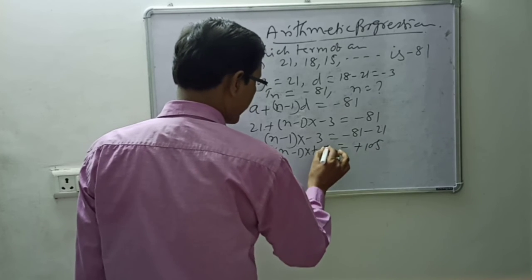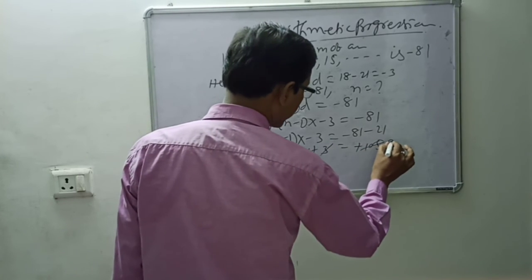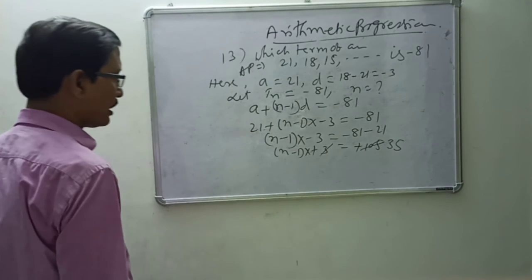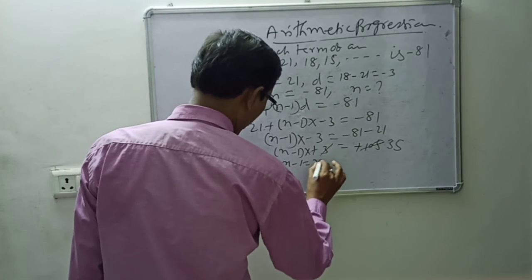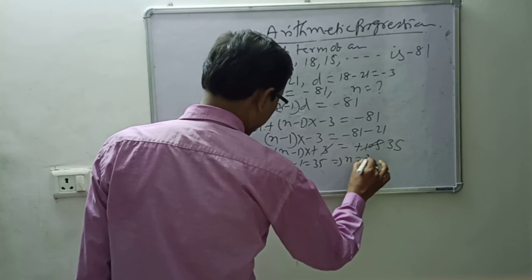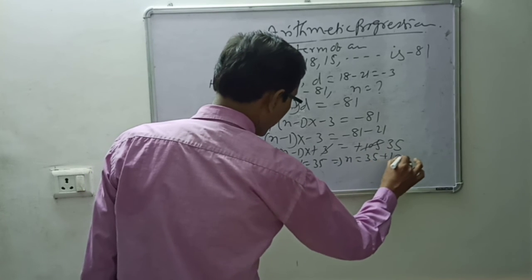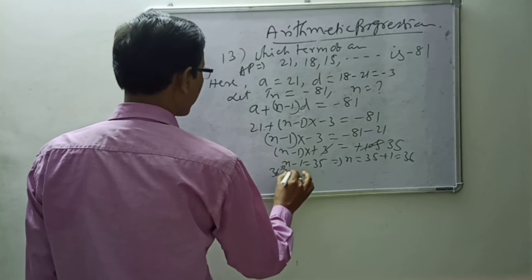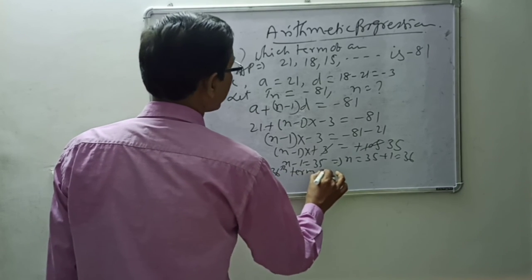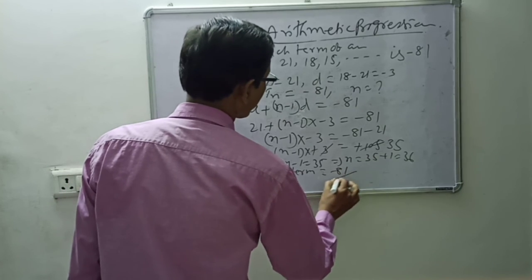Both sides' minus can be cancelled, and dividing by 3 you get 35. So n minus 1 equals 35, and you have to find n. So 35 plus 1 equals 36. Therefore the 36th term is minus 81.